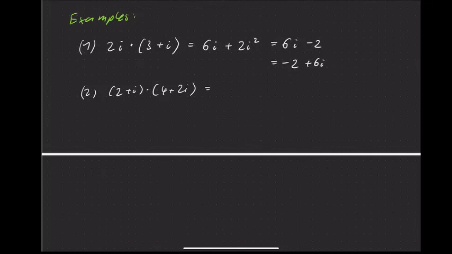We get 2 times 4, that is 8, plus 2 times 2i, that is 4i, plus i times 4, so 4i once more, plus 2i squared. Again, i squared is minus 1, so 2i squared is minus 2, and 8 minus 2 is 6, so we have 6 plus 8i.